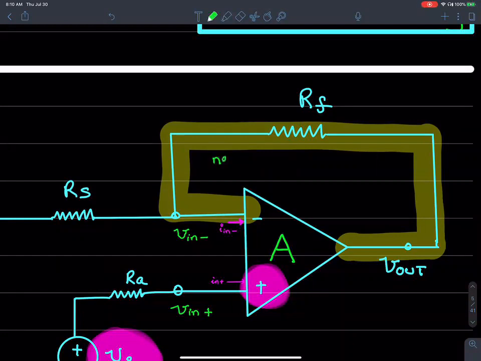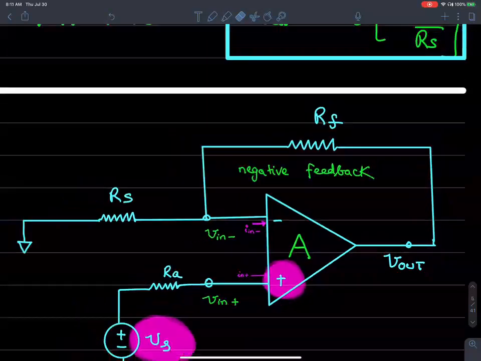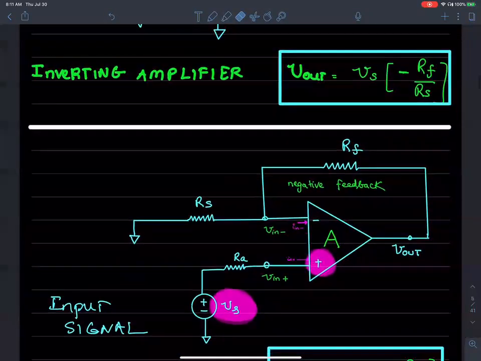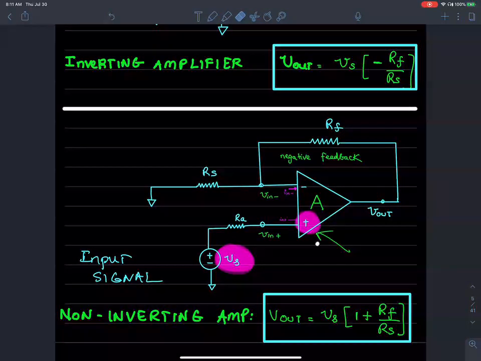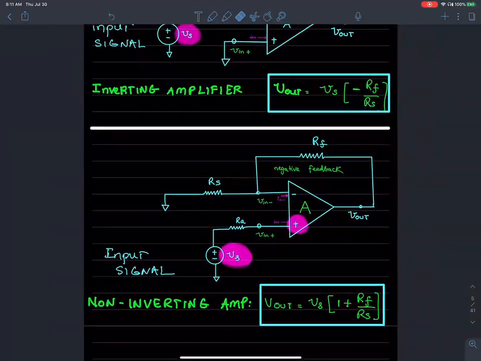Hence, it's still a negative feedback. Even with negative feedback, I have a non-inverting amplifier when the input is connected to the positive terminal. And we'll see how this connection gives us the result that we have here.